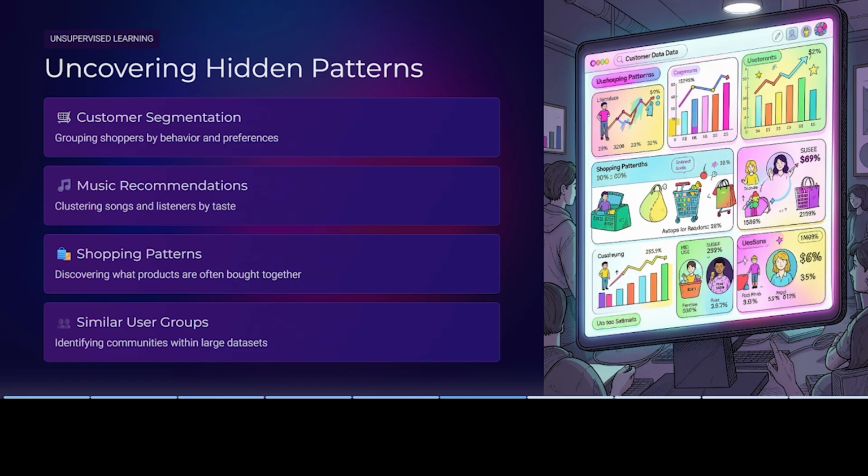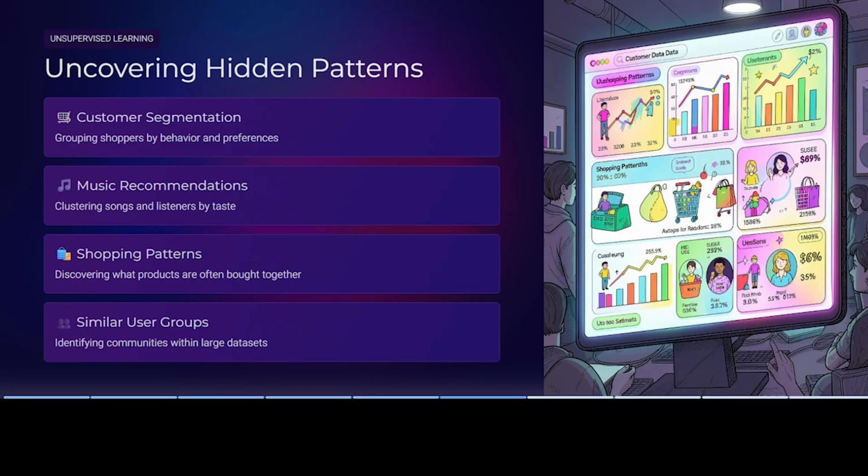Likewise, it segregates customers based on their buying behavior. Then music recommendation: a music app like Spotify groups users with similar music taste.